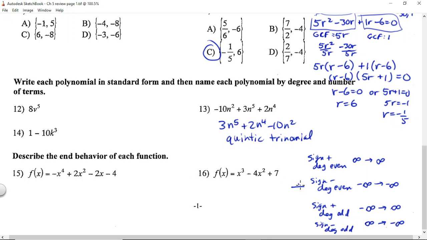So that's this one. So the end behavior for number 15 is this.